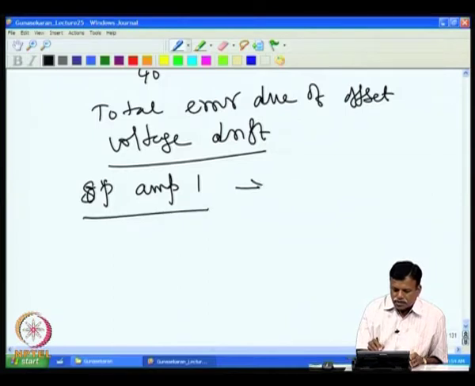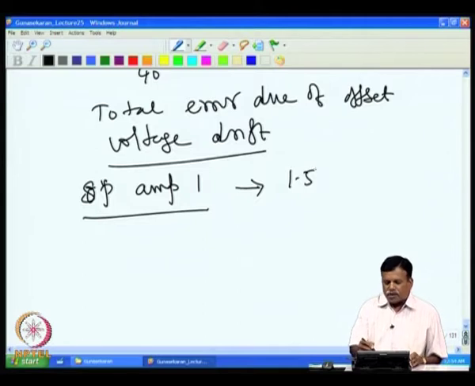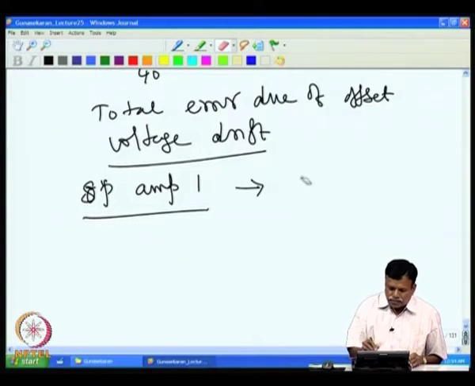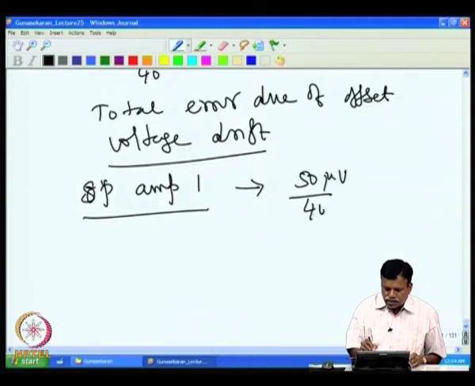Here the offset voltage drift error comes, say, 0.5 microvolt per degree C operation op amp were used. So, total drift is 50 microvolt divided by 40 microvolt per degree C, that comes 1.25 degree.